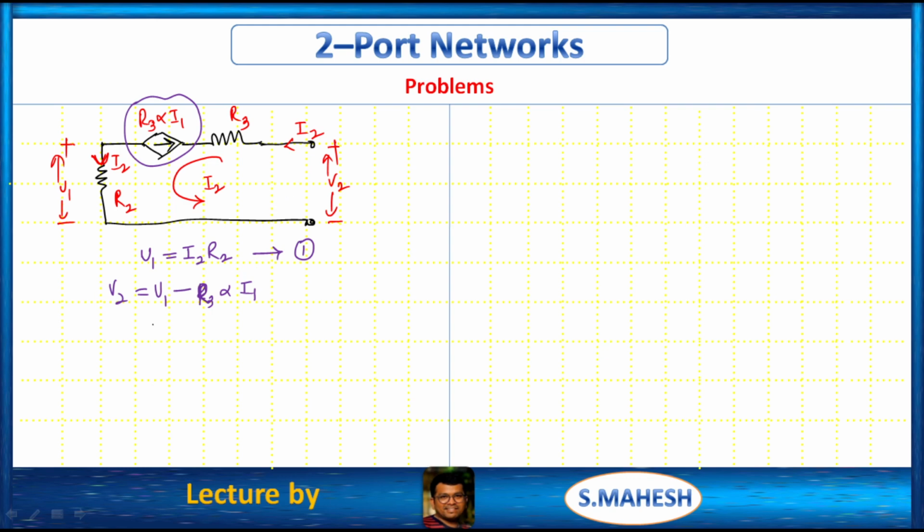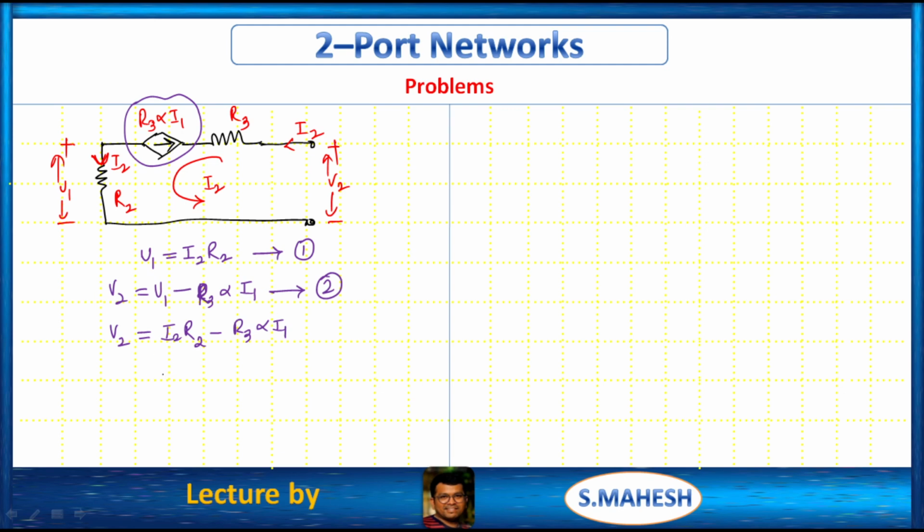This is the second equation: V2 equals I2 R2 minus R3 alpha I1.